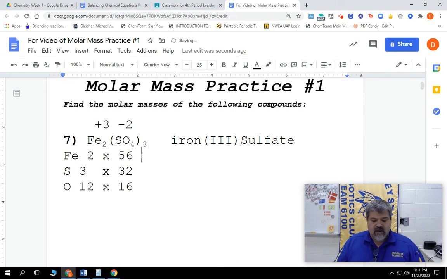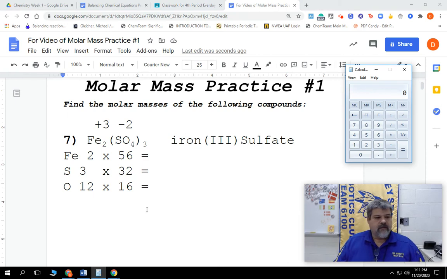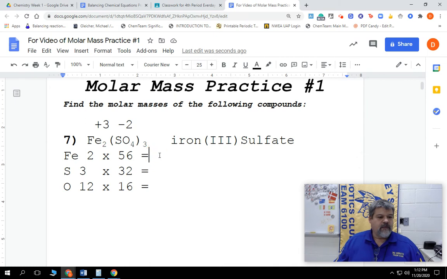So we're going to go ahead and calculate all of these on what the totals are. So I have 2 at 56, so that's going to be 112, but let's double check it with a calculator. So we have 56 plus 56 equals 112, or I can say 2 times 56 equals 112. So we're going to put 112 right here, and then we're going to do 32 times 3.